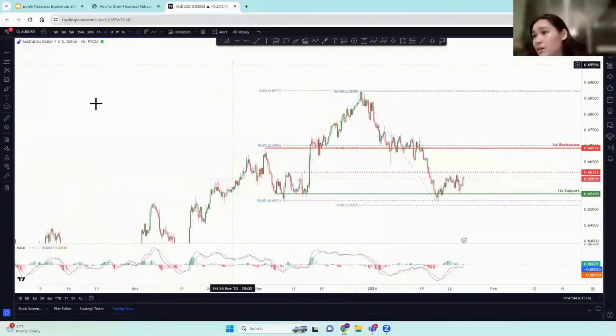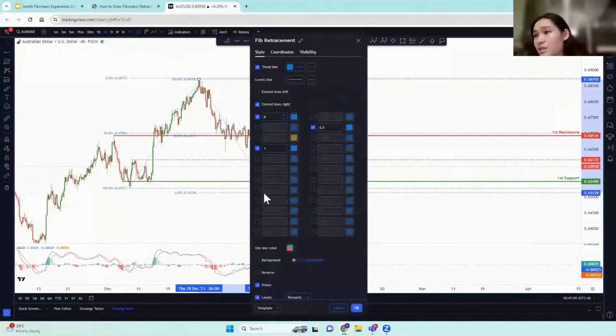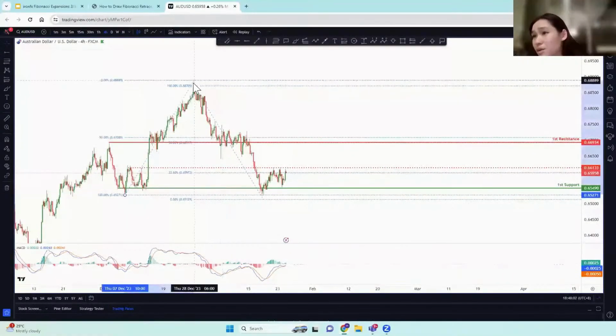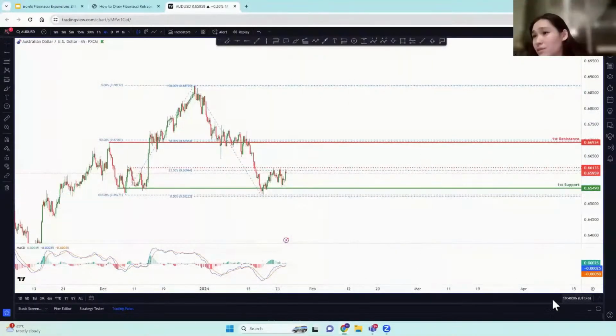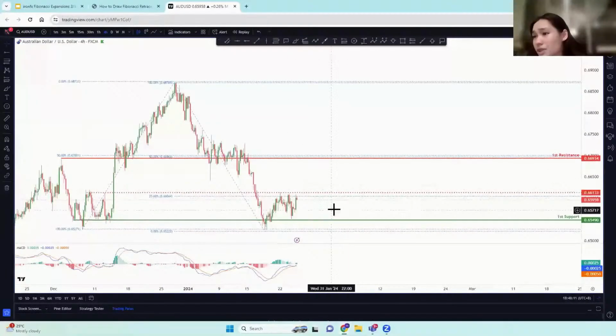Let's briefly see if there's any levels that line up. My 23.6 is quite close to where we are looking at, for our intermediate level. So we might see some resistance over here.